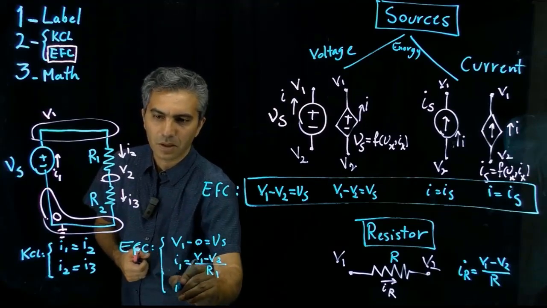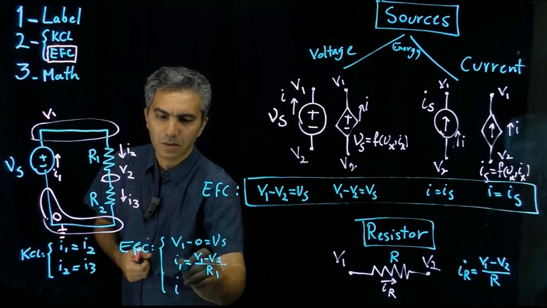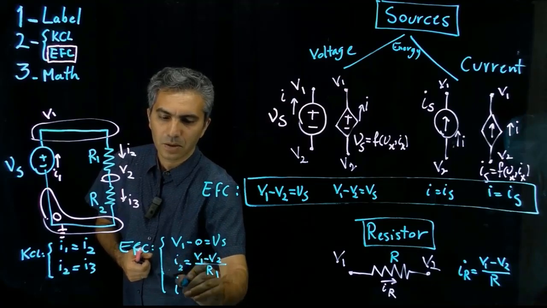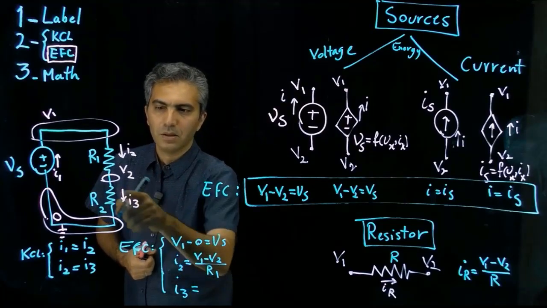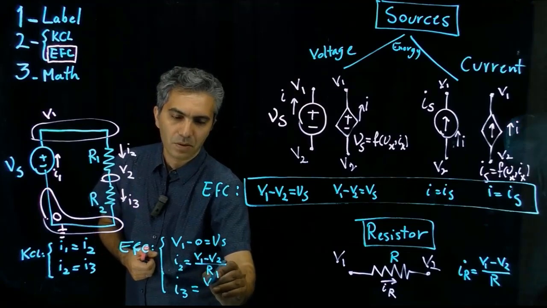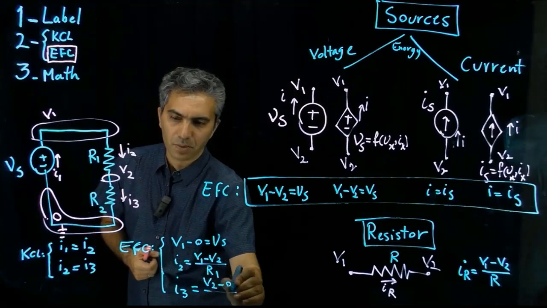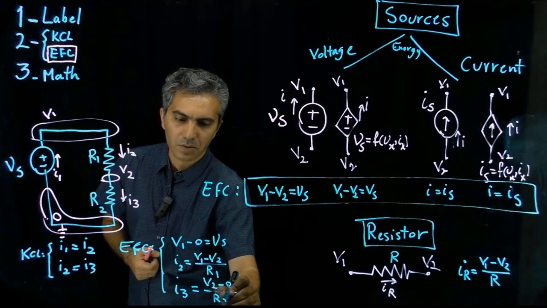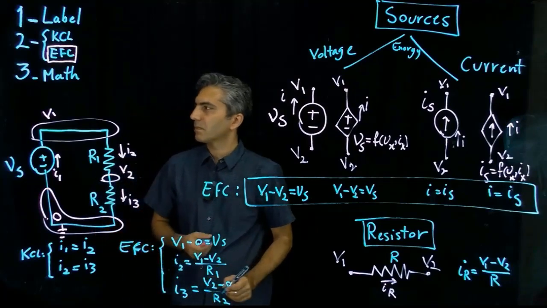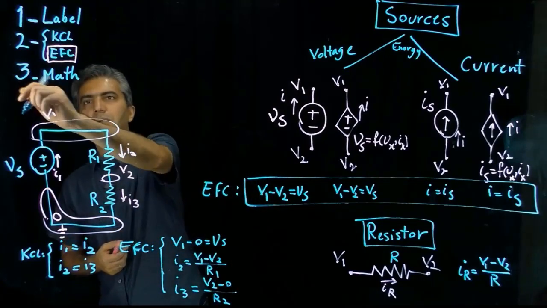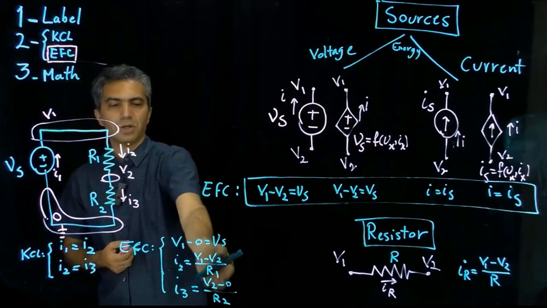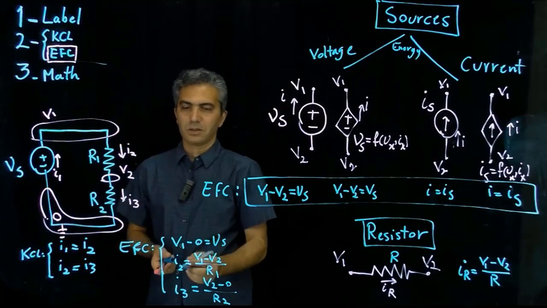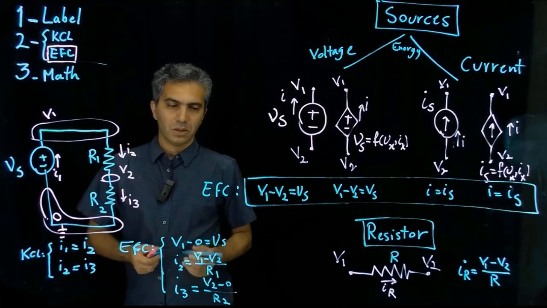For this one, I2, this one I3, voltage V2 minus 0 divided by R2. We're done. This is really all there is to be known about this circuit, and all that's left to do is to do the math.